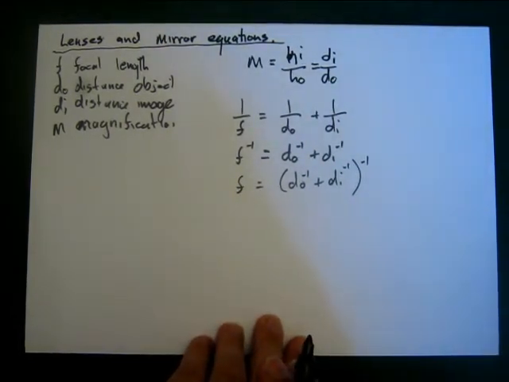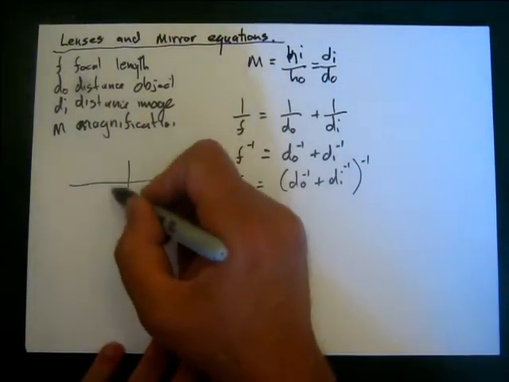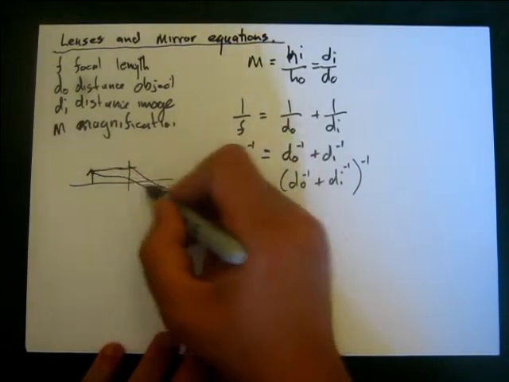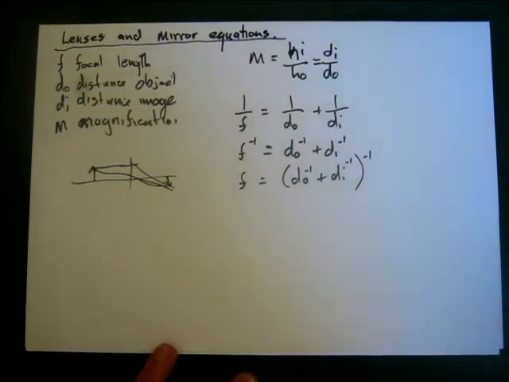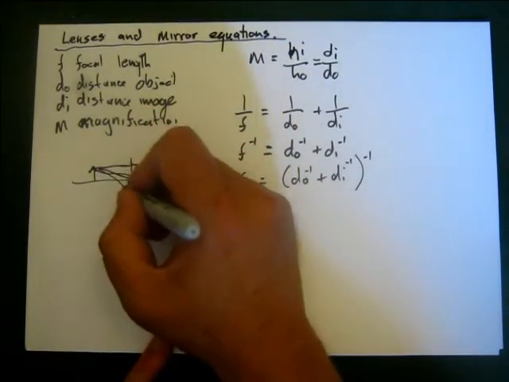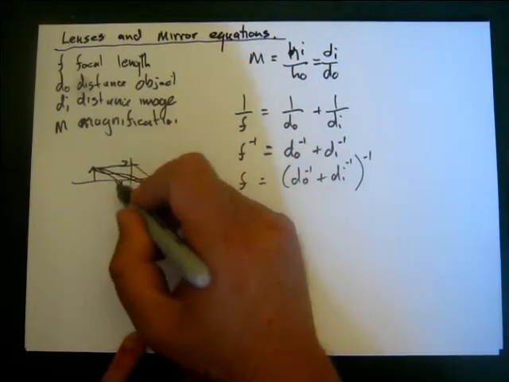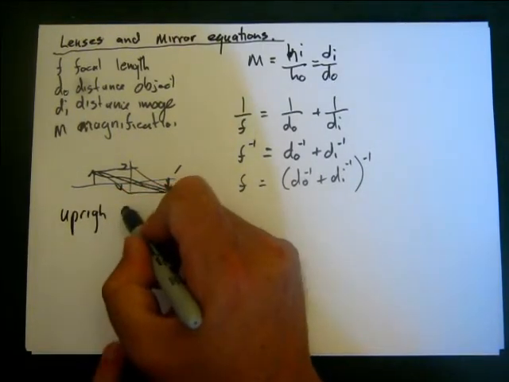Also, when we're looking at, let's say we did our problem before, we had an object here, through the focal point, we ended up with an image here. There's often 3 pieces of information we want to know. If we're looking at this image here, is it upright or inverted?